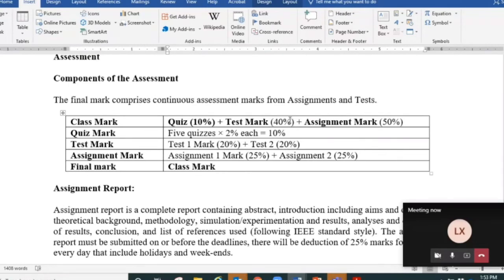It will give us 40%, and then there will be 2 assignments, 25% each, which gives us 50%. So that gives us 100% for the class mark, and the final mark will be equal to the class mark.